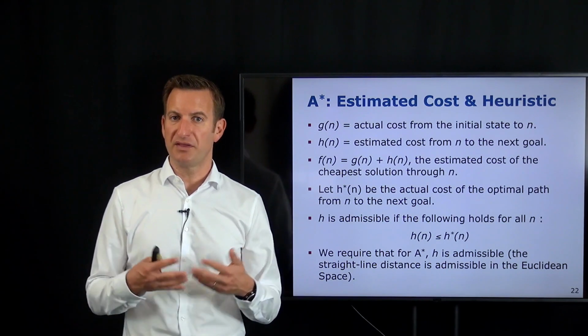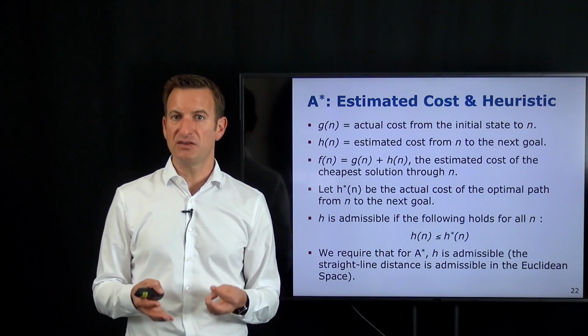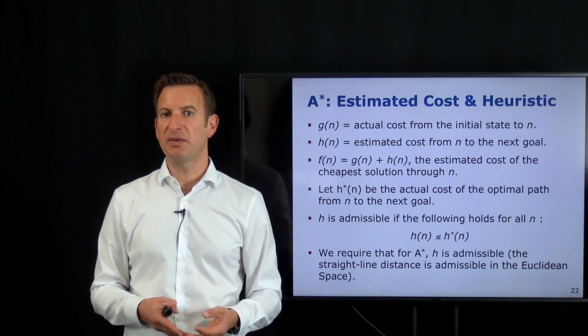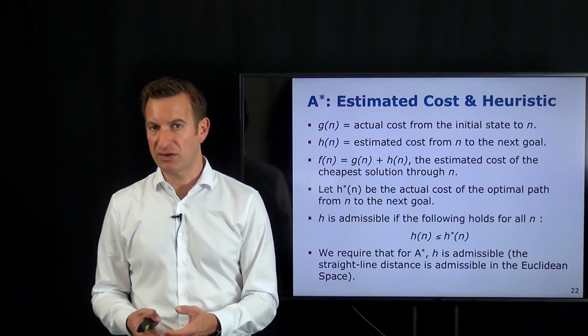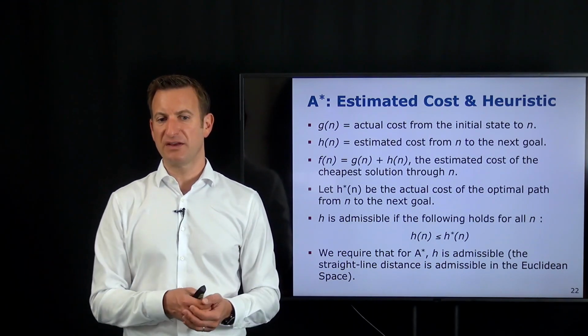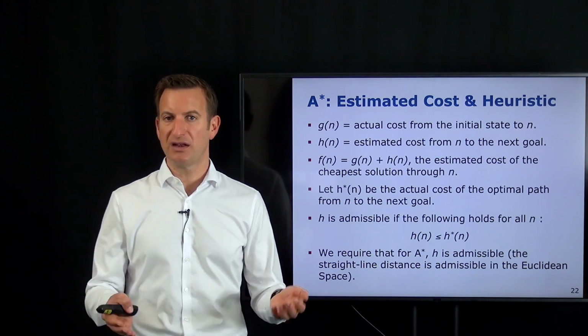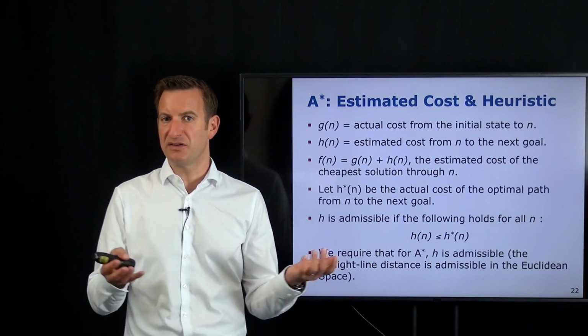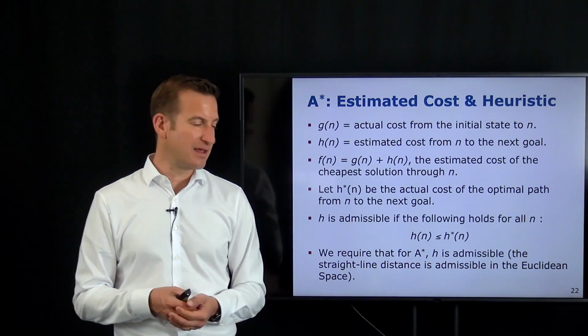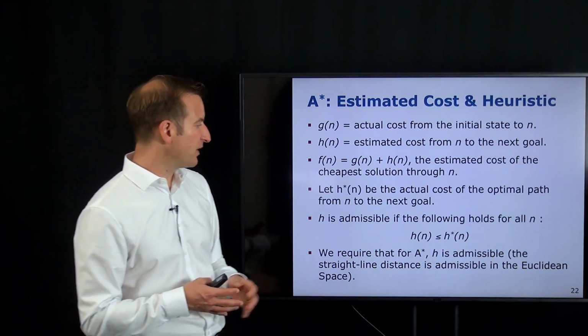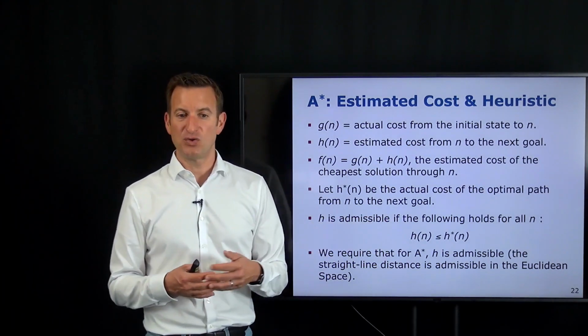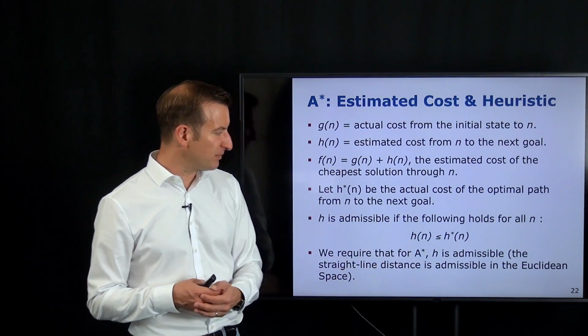And so we know that the straight line distance is an admissible heuristic for the Euclidean space, because it either estimates perfectly or underestimates the actual cost. And if the nodes are the same, the Euclidean distance is 0, so we also end up providing the actual cost.